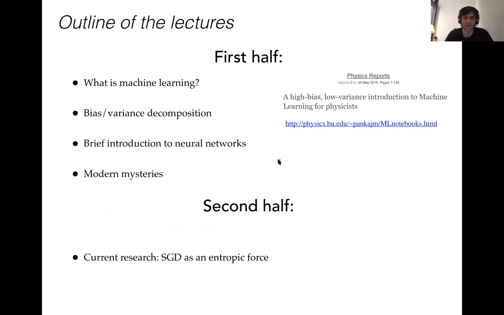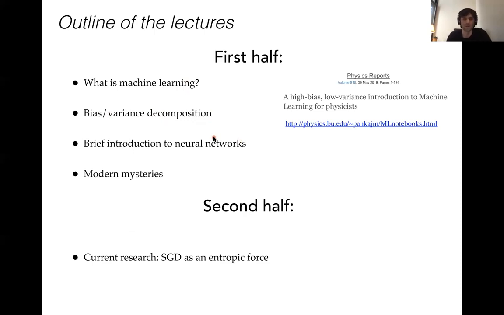So just a brief outline of what I'll be telling you. In the first half of the lecture, I'll be revisiting and reintroducing the core concepts in machine learning. We'll talk about something called the bias-variance decomposition, which is pretty fundamental to understanding what's going on when you do machine learning.